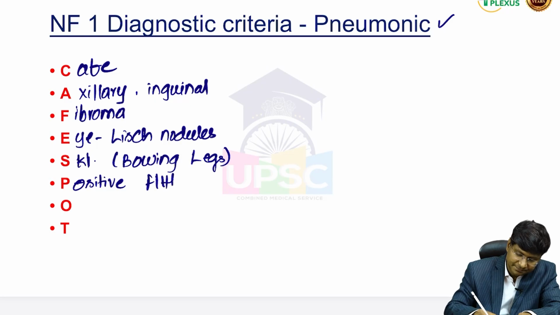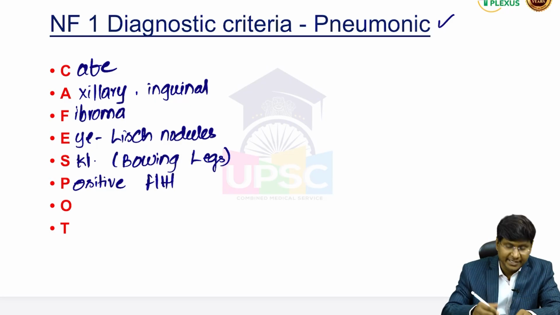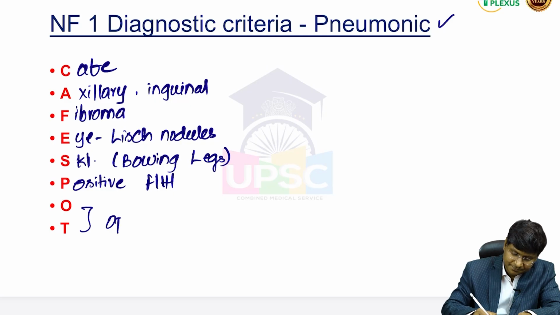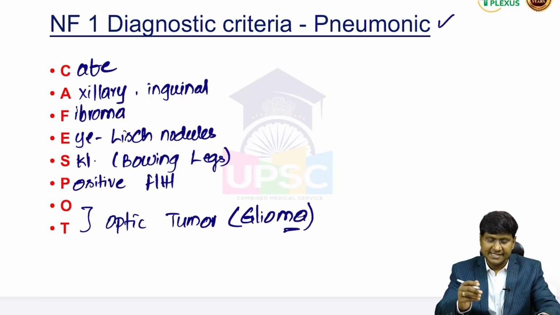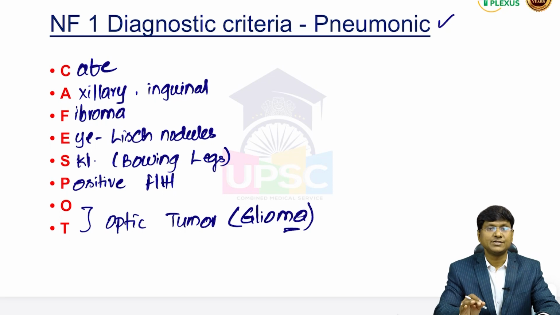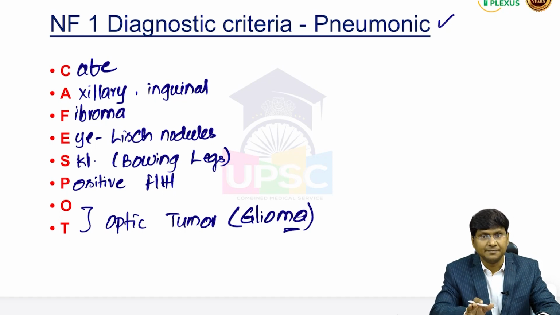And OT is optic tumor, which is glioma. So these are the diagnostic criteria for neurofibromatosis type 1.